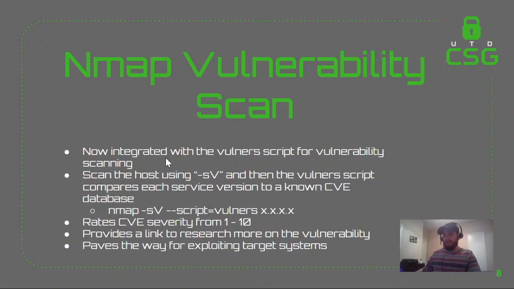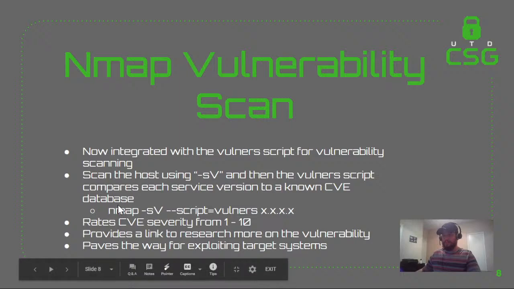Now when you download Nmap, it already comes with the vulners script, so you're good to go. Scan the host using -sV, and then the vulners script compares each service version to a known CVE database.